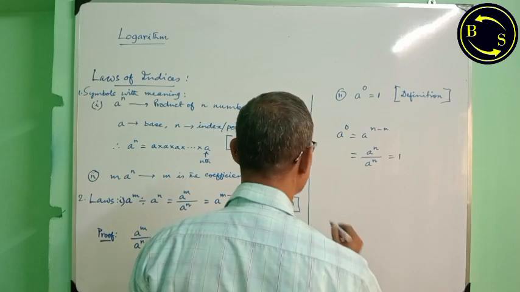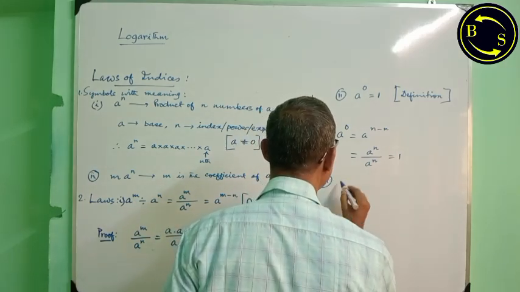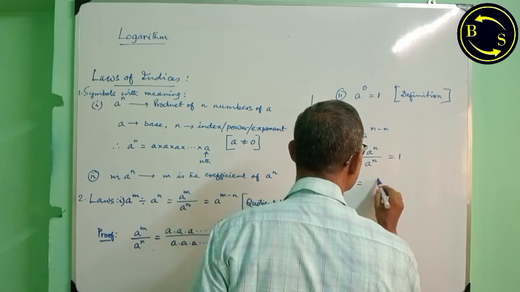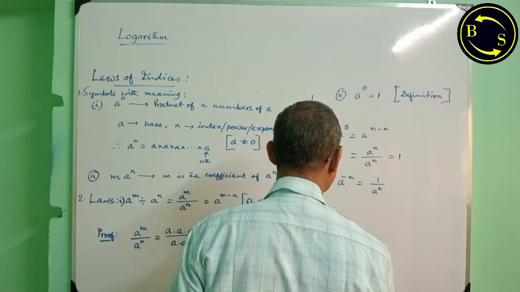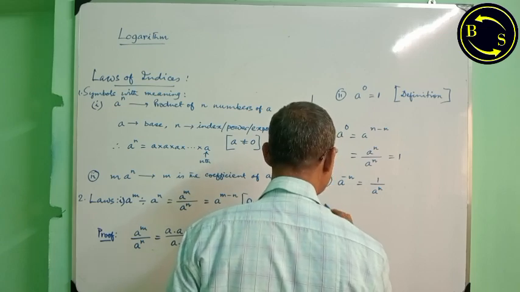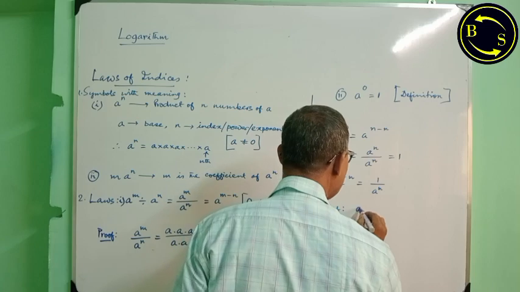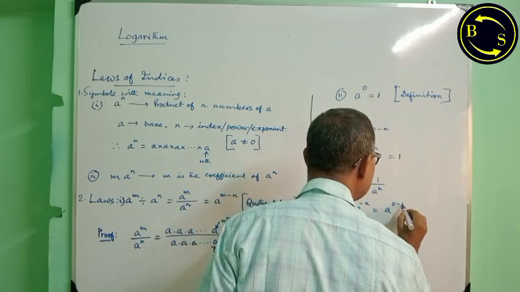Next, number 3, a to the power minus n is equal to 1 by a^n. Proof is this one. a to the power minus n can be written as a to the power 0 minus n.